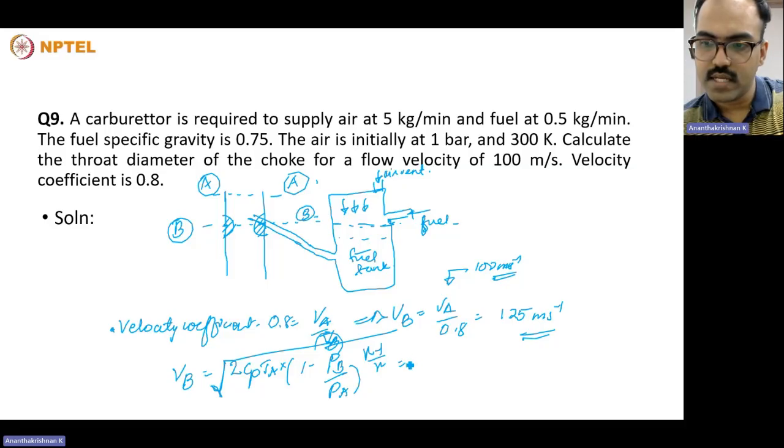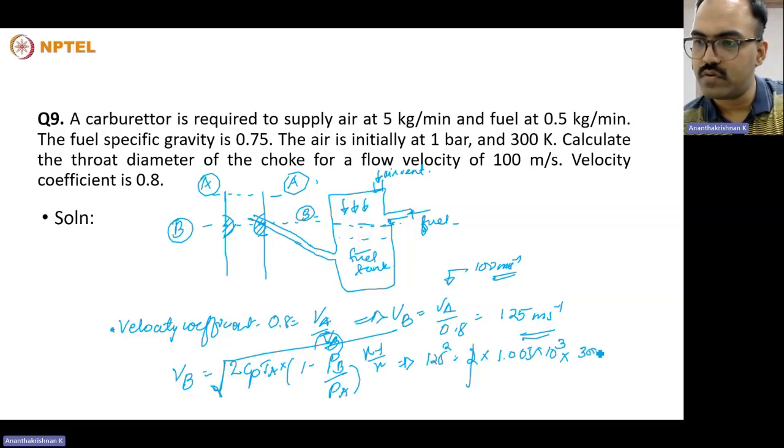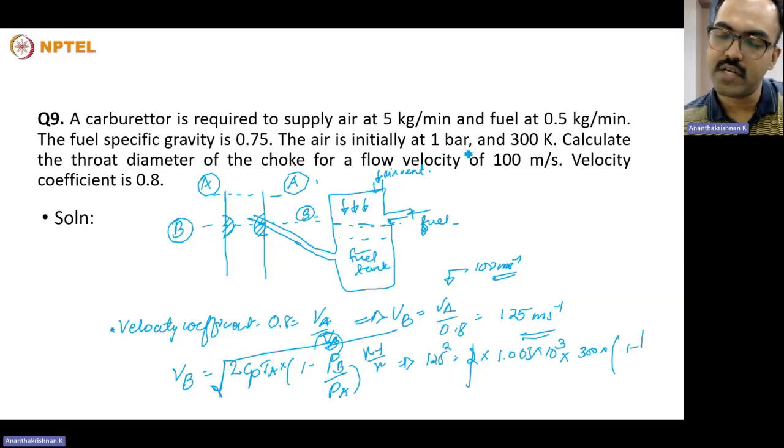We know the velocity is 125 squared. Just take this root out, and then the Cp of air, that is 1.005 into 10 cube, and the temperature is 300 Kelvin. So straight away, we know the incoming pressure at the inlet is mentioned to be equal to 1 bar, so for the time being we just leave it there.